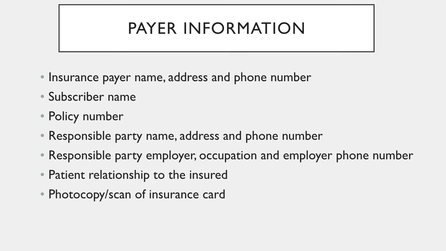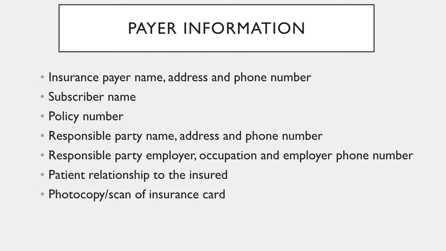So when we get a new patient, and this needs to be updated on a regular basis, we must know specifically who is going to pay for this encounter. If it's an insurance company or the third-party payer, and on occasion you might find it's a parent or a spouse, okay, if that's the case, we need to know that.